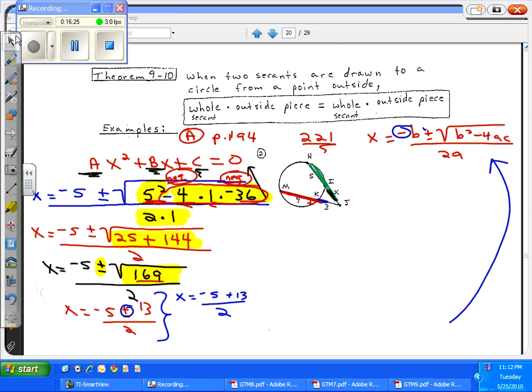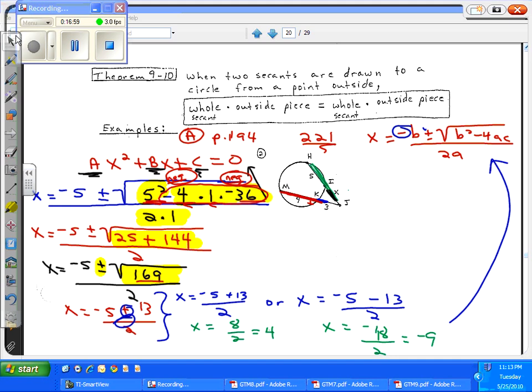So x is equal to negative 5 plus 13 over 2, or x is equal to negative 5 minus the 13 over 2. So here we would have x is equal to negative 5 plus 13 is 8 over 2, which is 4. Here x would be negative 5 minus 13 is negative 18 divided by 2, which would be negative 9.